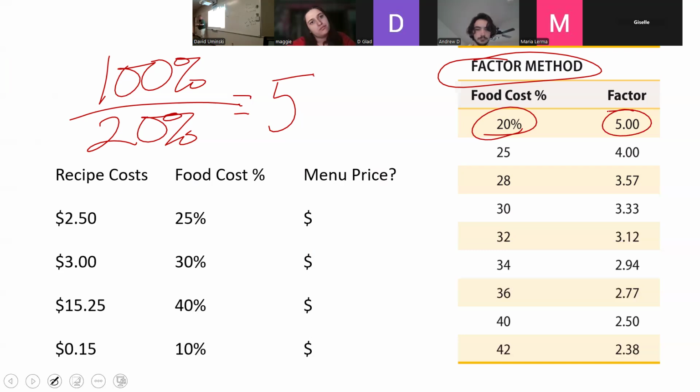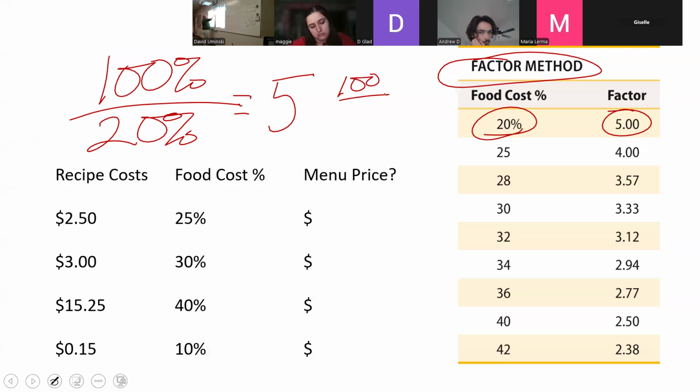Oftentimes you'll hear chefs just say, whatever your cost is, multiply it by 3. Give me a factor of 3. That's essentially a 33% food cost. You don't believe me?